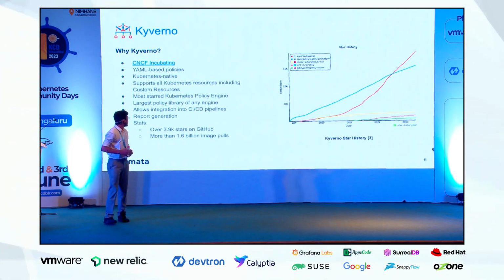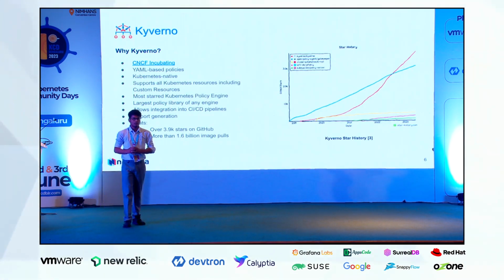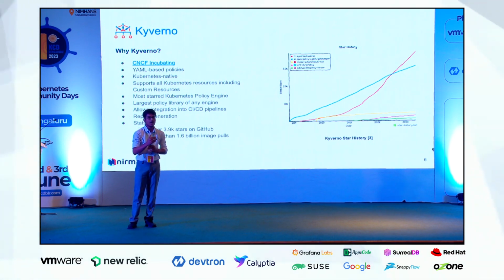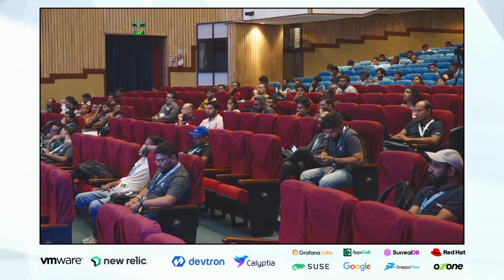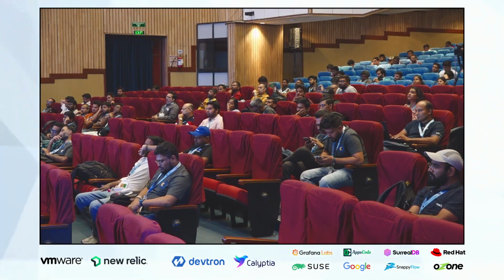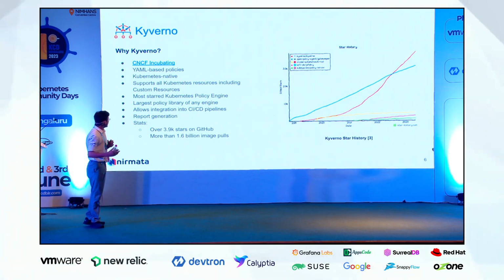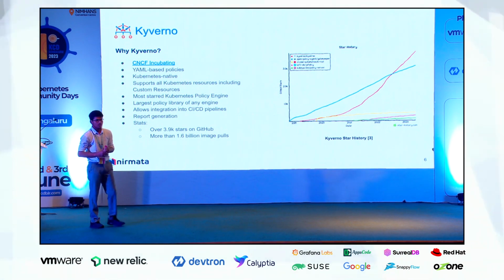Now moving into our project, that would be Kyverno. Kyverno is a very popular and high in demand project that is CNCF incubating at this point, and the main highlights of Kyverno would be that it uses simple YAML-based policies and it's Kubernetes native.